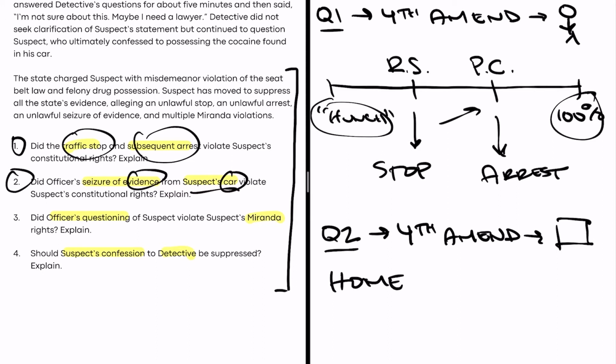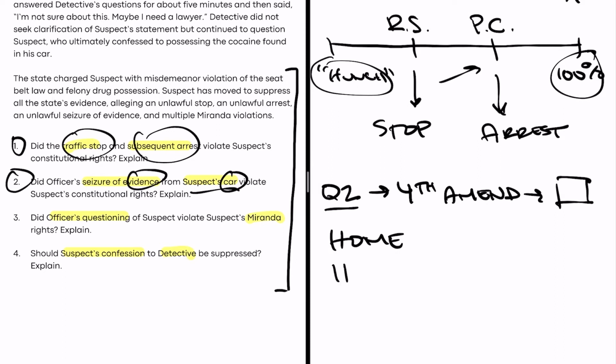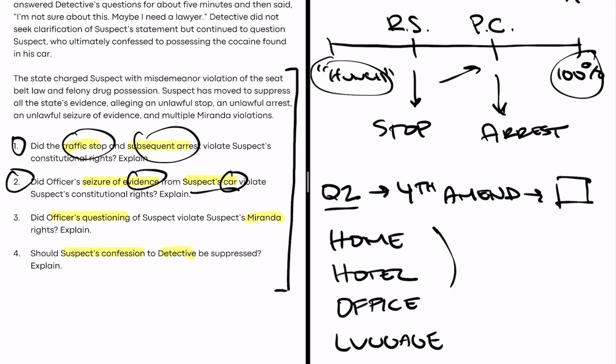The constitutionally protected places we're typically thinking about would be something like the home, the hotel, the office of a person, in some cases, luggage, right? These are like your traditionally constitutionally protected areas. These are places where the Supreme Court has held a person has a reasonable expectation of privacy.